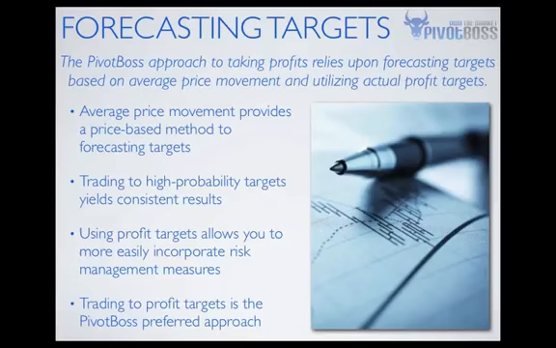Of course, using profit targets and using price-based stops based on ADR allows you to more easily incorporate risk management measures, which we'll talk about in the second half of this course. Trading to profit targets is the Pivot Boss preferred approach, but we'll be looking at how to trail price as well and scale at various points in the chart.